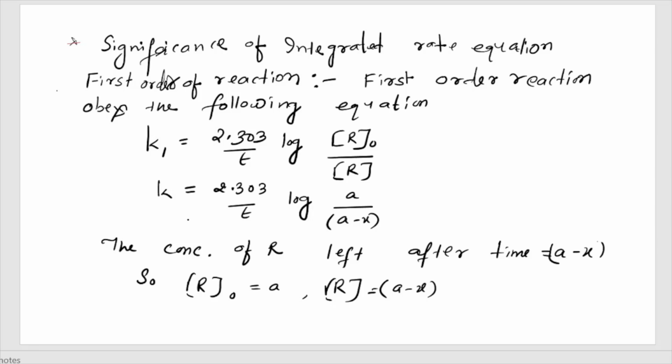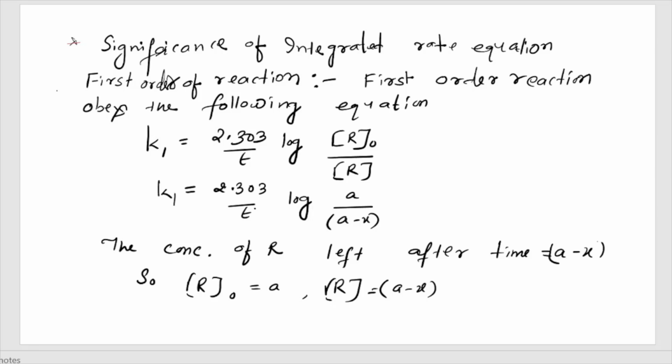Significance of the integrated rate equation: it is very easy to find the value of the rate constant from the integrated rate equation. Very important also, the first order reaction has the equation K1 equals 2.303 by t, log R0 by R, with molar concentration. These are all things explained in previous videos. K1 means first order.